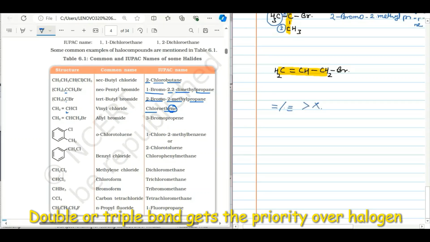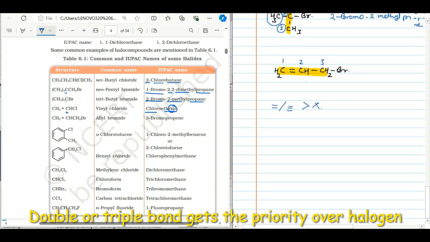So whenever double or triple bonds are there along with the halogen, you have to give priority to the double or triple bond. That means you have to number the double or triple bond lowest as compared to the halogen. So here you have to number this chain from the left direction. So here it will get 1, 2 and 3. So that's why bromine gets the third number while the double bond gets the first number.